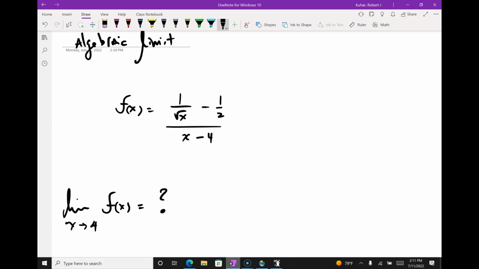It's easier to clear the fractions first before you deal with the conjugate.